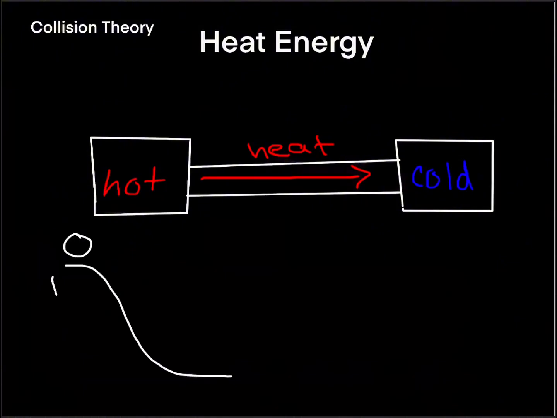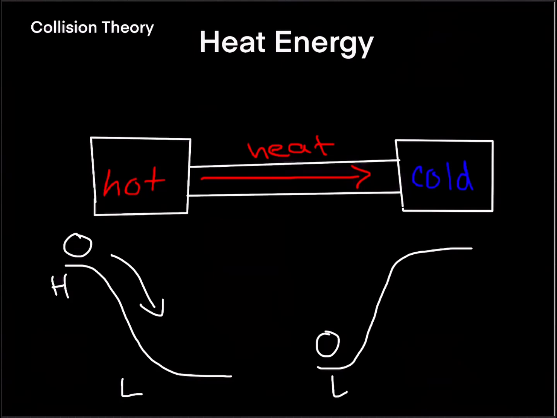Let's say we have a ball on top of a hill and it wants to roll down. It's going to be a spontaneous action because a ball can roll down a hill without any input of energy. It does it spontaneously. However, if we have the ball at the lower end of the hill and it wants to go up, you have to input energy into that action in order to push it up the hill.